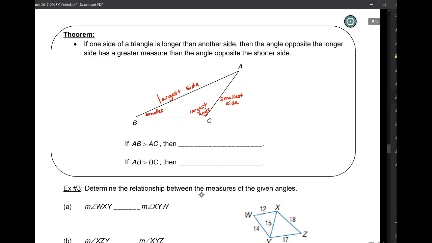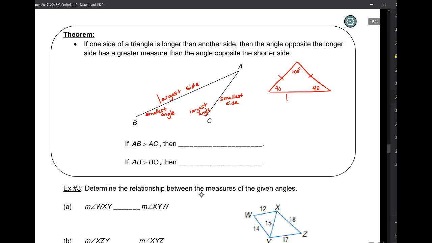But it doesn't work for an isosceles triangle. Right, so then you could still pick the biggest or the smallest. For example, if I gave you this is 100 degrees, and I said these two were congruent, well, if that's 100 and it's isosceles, then these have to be 40 and 40.